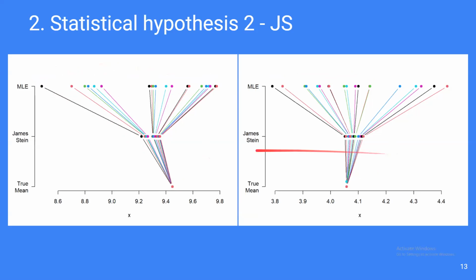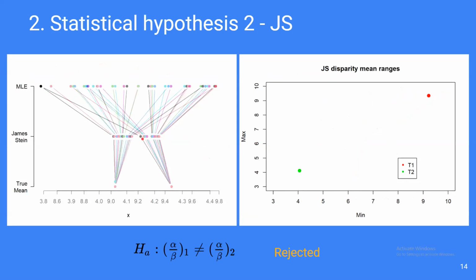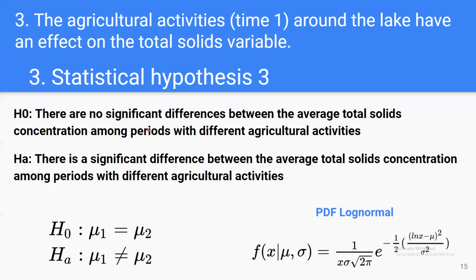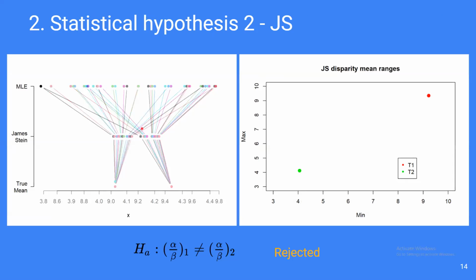And if we overlap these two plots, we can see that for the James-Steins, we have a range over here. So we take the minimum range and the maximum range, and we say that if anything is within this range, that means that the means are equal, and if out of this range, the means are different.